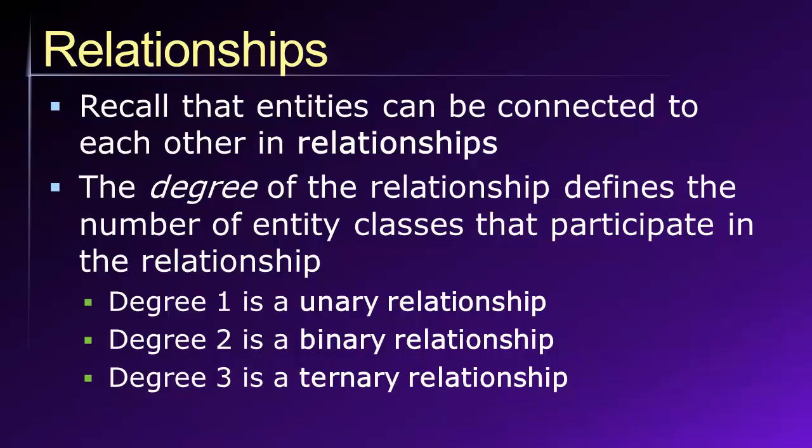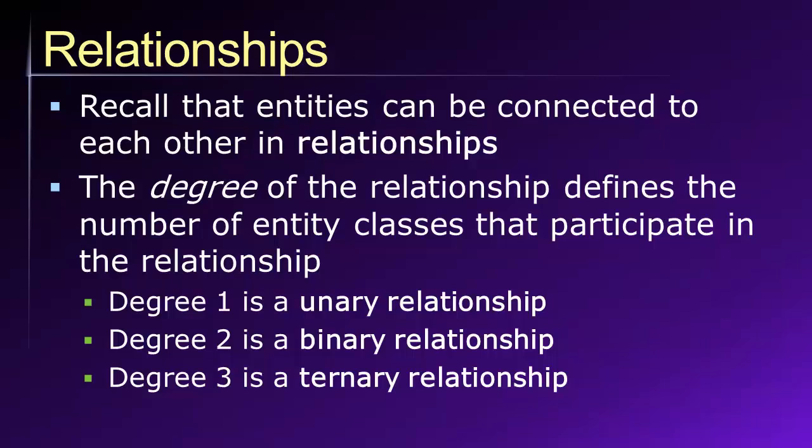Next, I would like to talk about relationships between entities. If you recall from some of our earlier lectures, we talked about how relationships naturally emerge among the various business concepts for which we might want to track or record information.